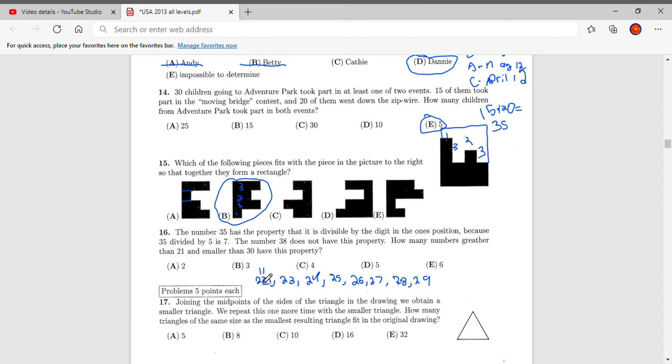So we know that it's an answer when we get to the end. Now 23. 23 does not work because it is a prime number and it is not divisible by 3.